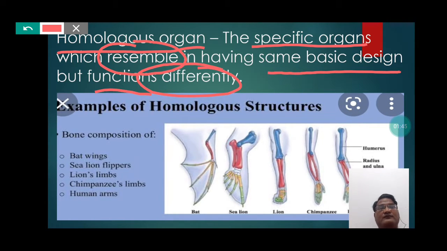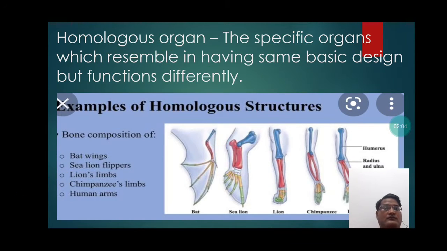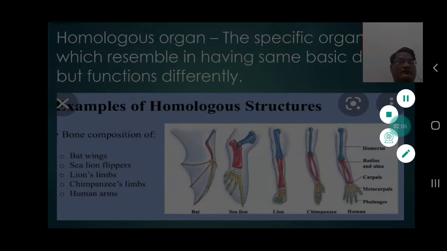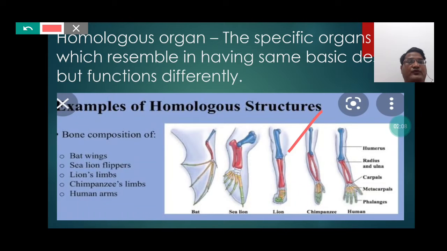So students, to understand homologous organ, if we concentrate on this picture, we can easily notice the wing, the forelimb of the lion, the forelimb of the chimpanzees and the forelimb of the human.